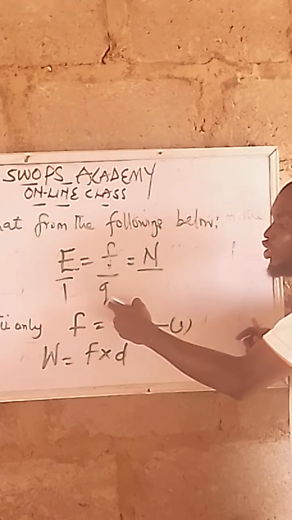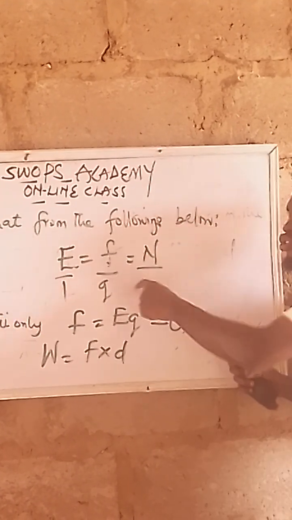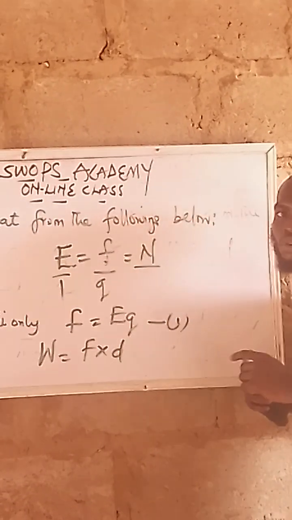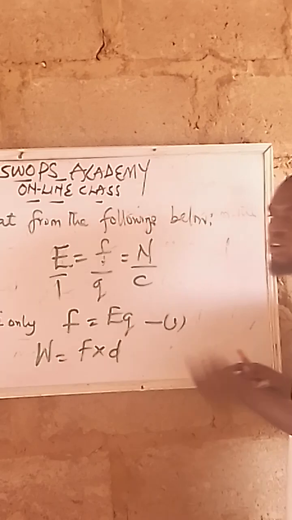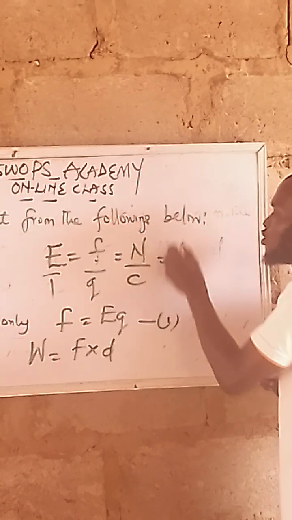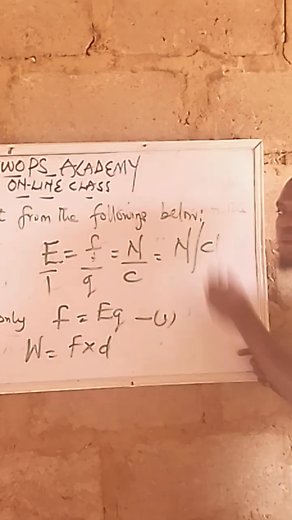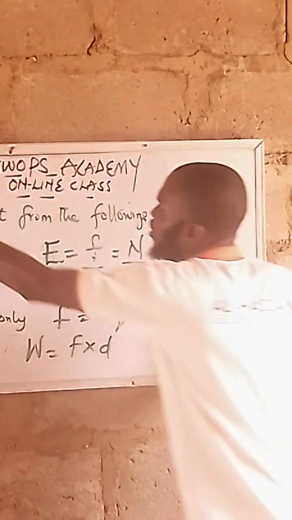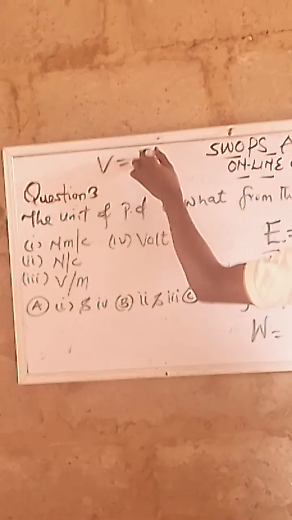What is for Q? In this particular topic, we don't use joule; each topic depends on what the SI unit for Q is going to be. This one will be C, coulombs. So we have it to be Newton per coulomb for E.